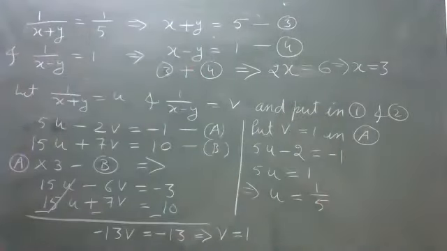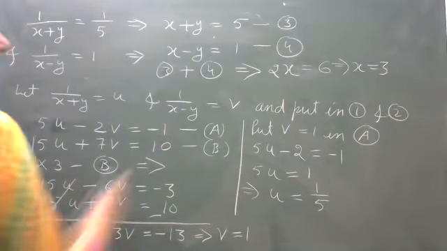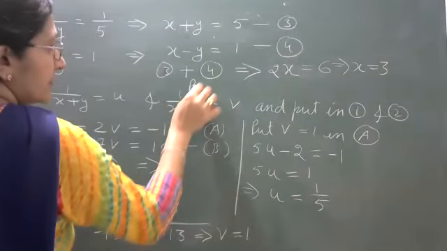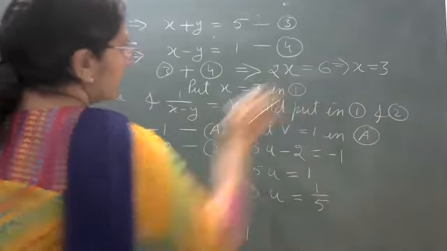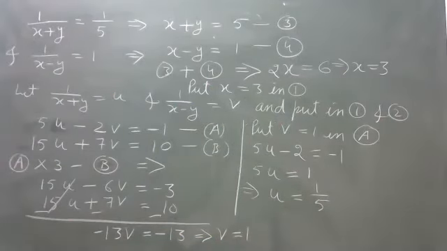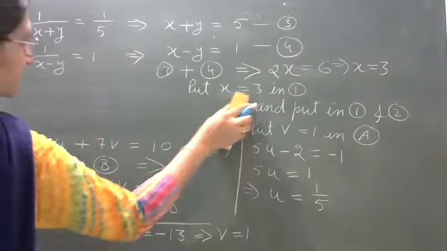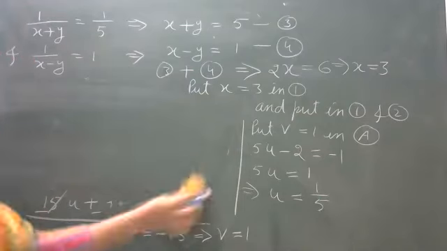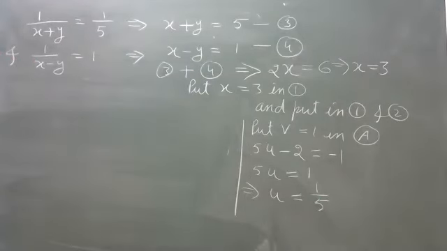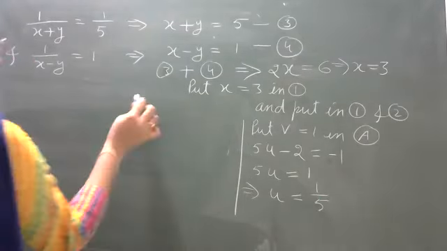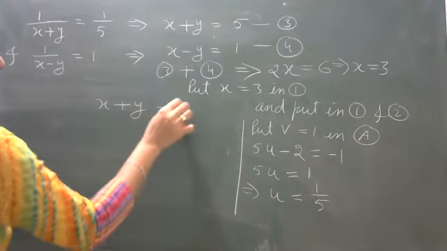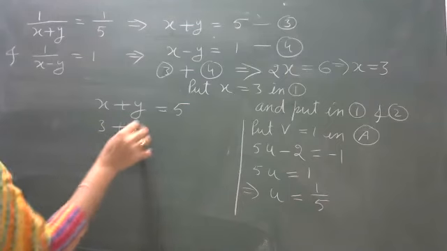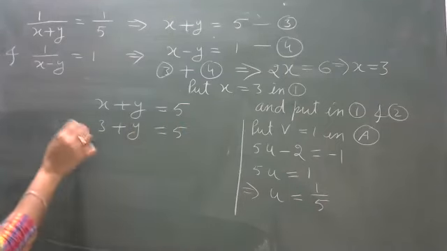Now you can substitute the value of x in equation number 3. तो आपके पास value of y कितनी हो जाएगी. So here x plus y is equal to 5. 3 plus y is equal to 5.